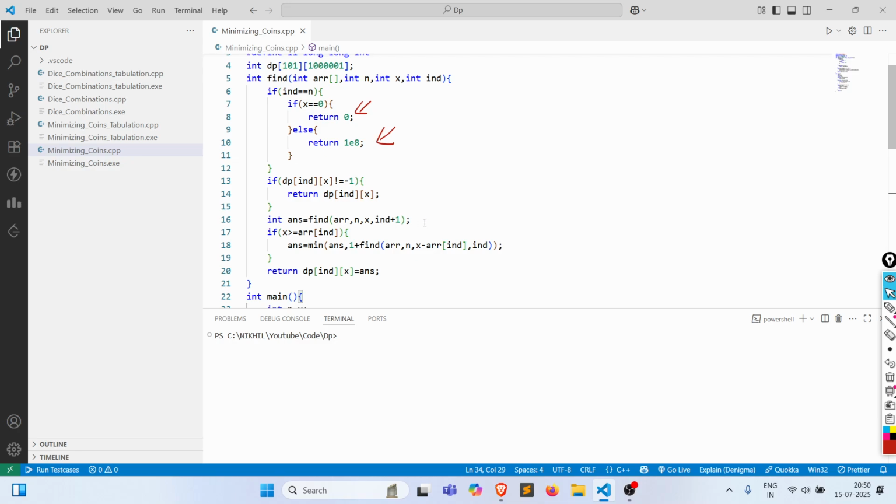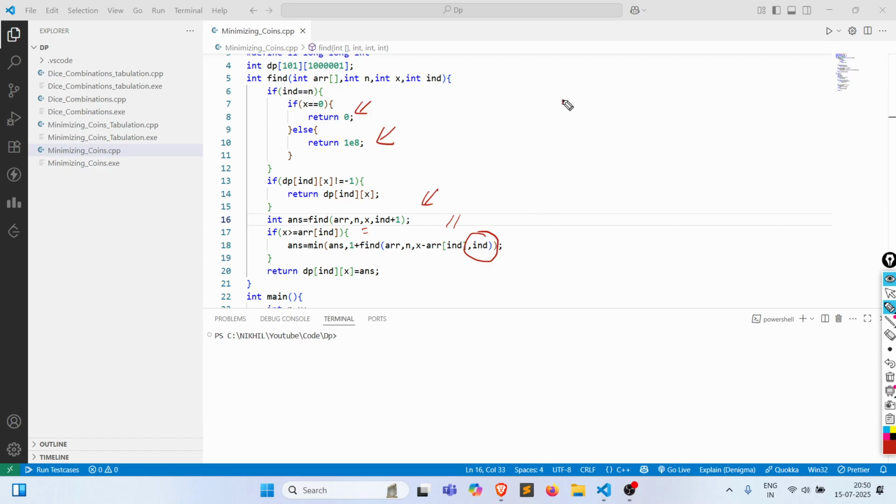Then, let's say I'm not interested in taking the coin which is currently at IND. I will simply move forward with the remaining amount as it is, or I can take the array of IND, so I will subtract array of IND from the x. Why am I not doing IND plus 1 over here? Because it's given in the question that repetition of coins is allowed, since we have an unlimited supply of each coin.